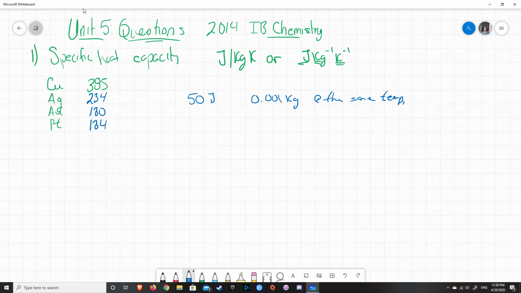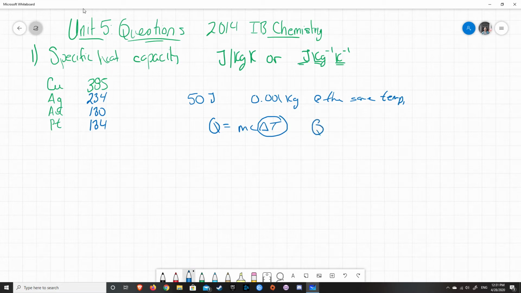So we've got an equation we can use: Q equals mc delta T. We can calculate the delta T and figure out which one has the biggest temperature change, which is what the question wants to know, the greatest temperature change.